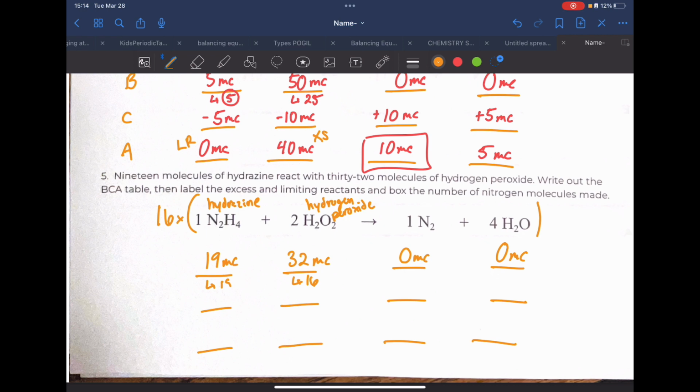16 times 1 is going to give me 16, so I'm going to spend 16 of my hydrazine molecules. 16 times 2 is 32, so I'm going to spend all 32 of my hydrogen peroxide molecules. I'm going to make 16 nitrogens, and 16 times 4 is 64 molecules of H2O.